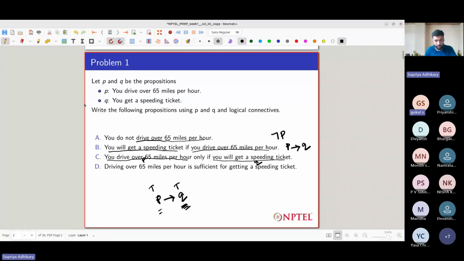But if P is false, can you say that Q is also false? You cannot say that. Q can be either true or false. That's why Q is a necessary condition for P, not the other way around.